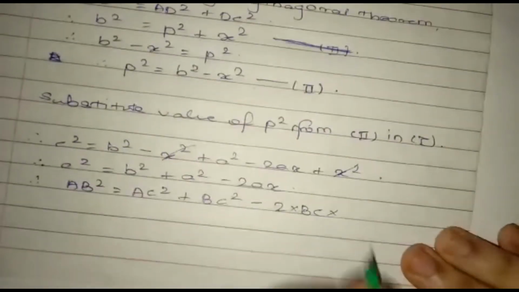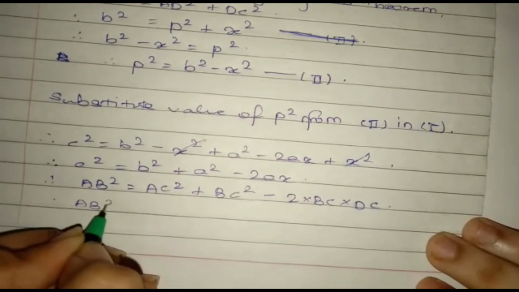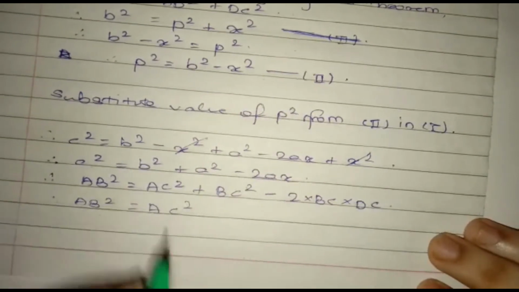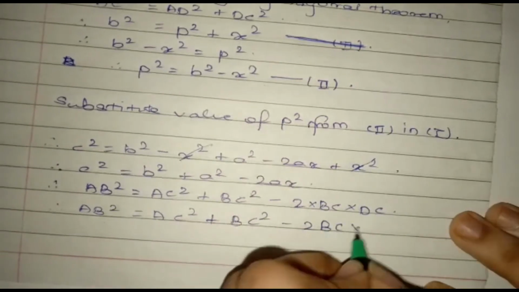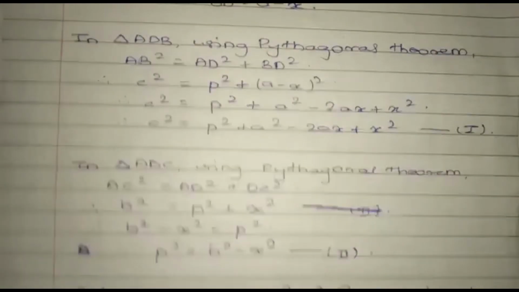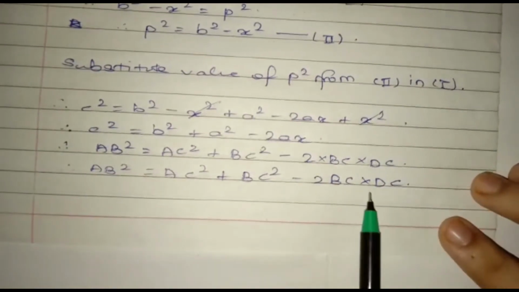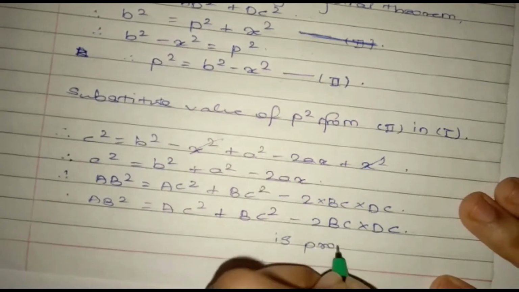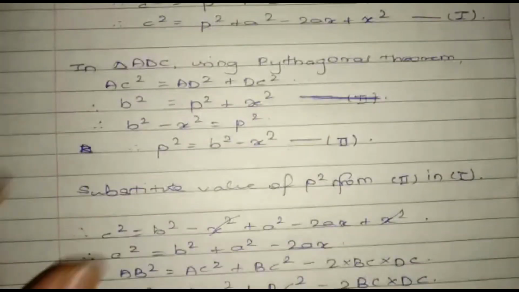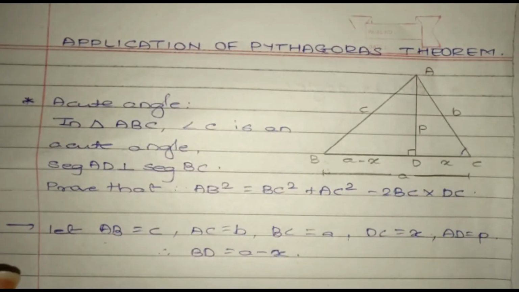X is DC, 2 into BC into DC. Therefore AB square is equal to AC square plus BC square minus 2BC into DC. AB square is equal to BC square plus AC square minus 2BC into DC. This is what we had to prove, and we have proved it, hence it is proved.